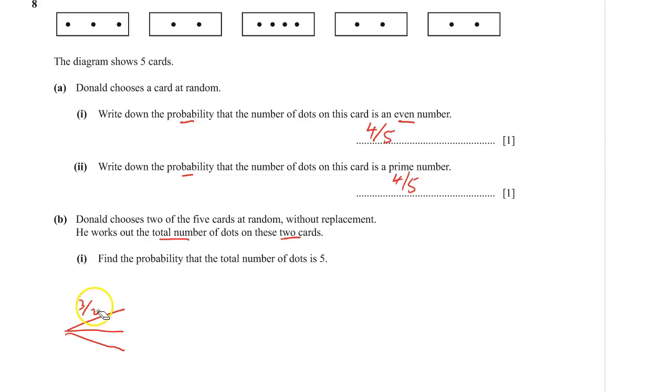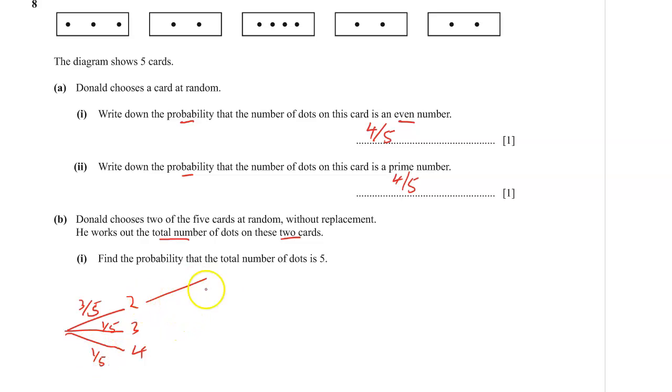For 2 dots, the probability is 3 over 5, for 3 dots the probability is a fifth, and for 4 dots the probability is a fifth.